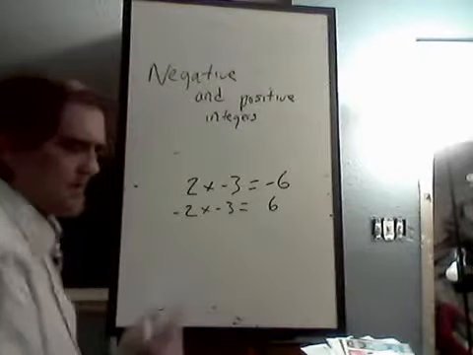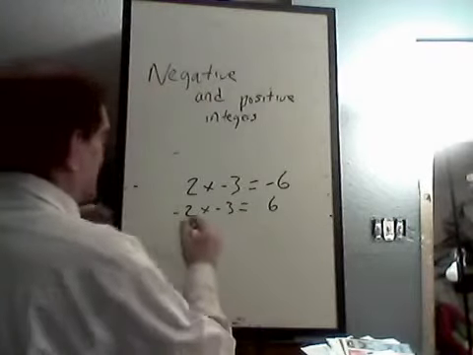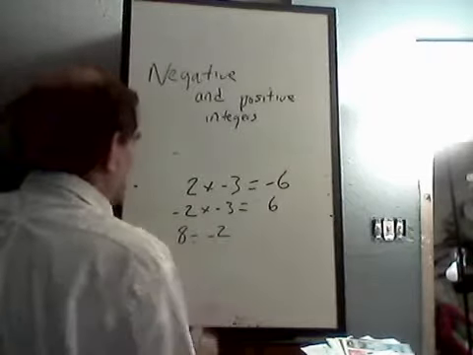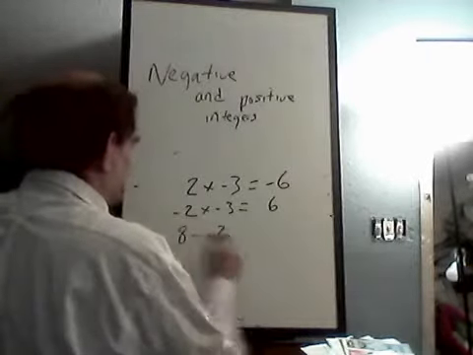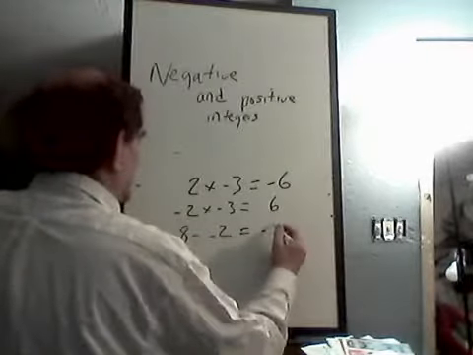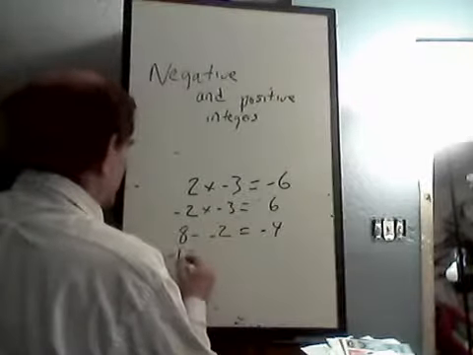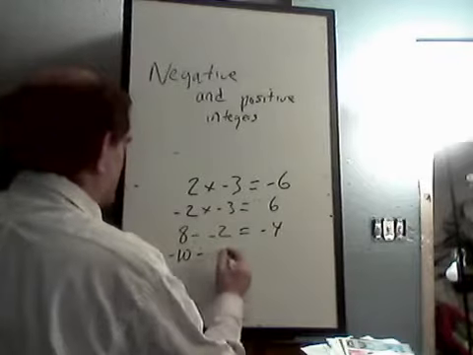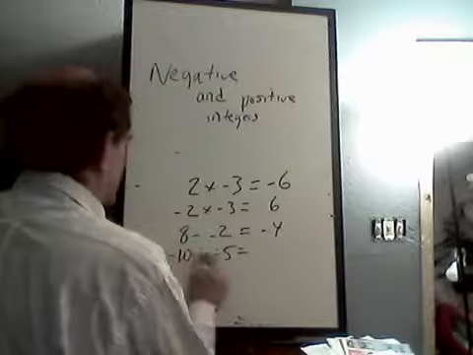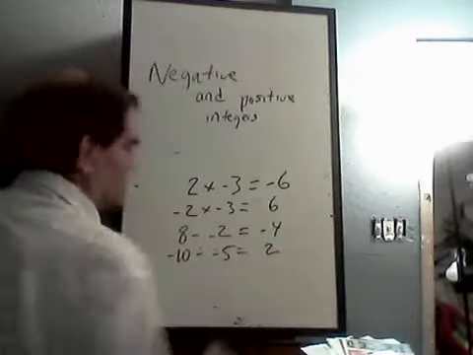Now, if I'm dividing, 8 divided by -2, one negative is a negative. It's going to be -4. If it's two negatives, -10 divided by -5, a negative and a negative will equal a positive, which will be 2.